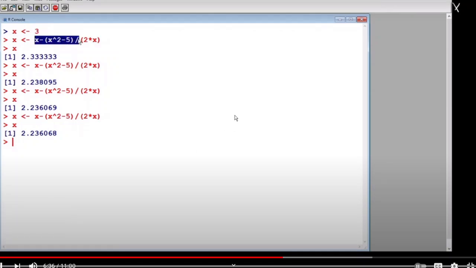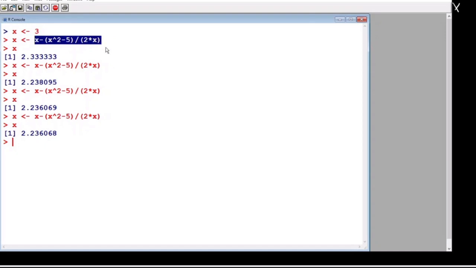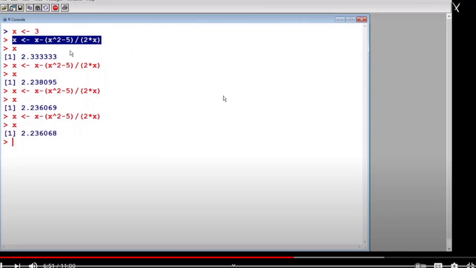This is the Newton's method formula. Use x0 and the formula to calculate the value of the next approximation and store the value in x. This is x1. We have seen x1, right? You have told me the answer to x1 already. Then we use x1 to compute x2 using the same formula.